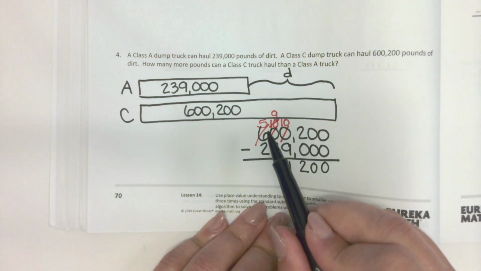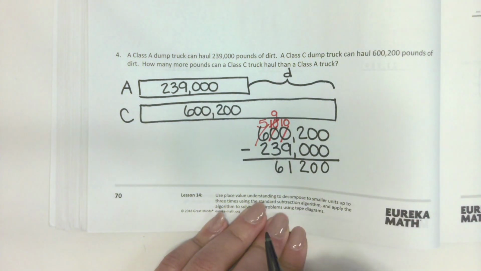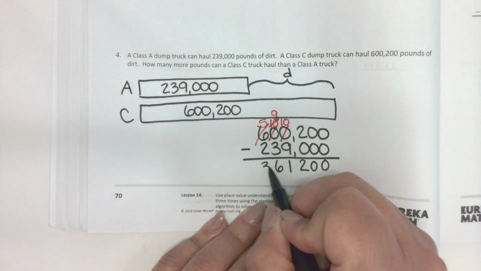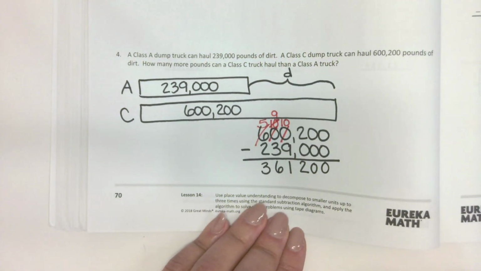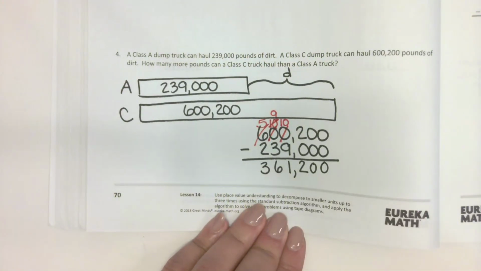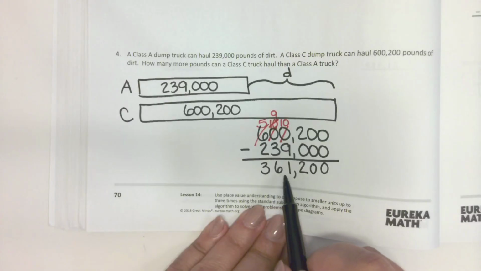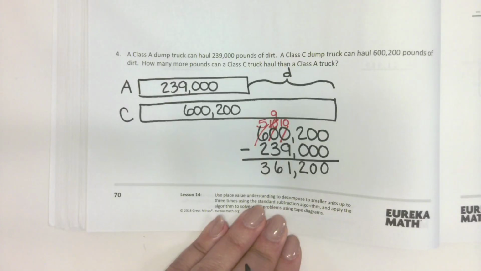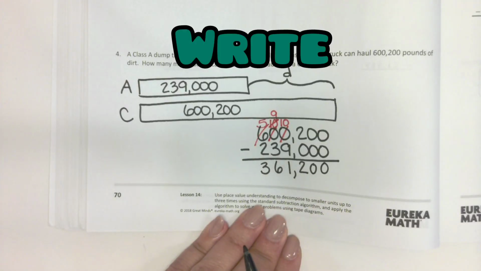And the 100,000s, 5 minus 2 is 3. Put your comma in. Where does the comma go? Right here between the thousands and the hundreds. So our answer is 361,200.